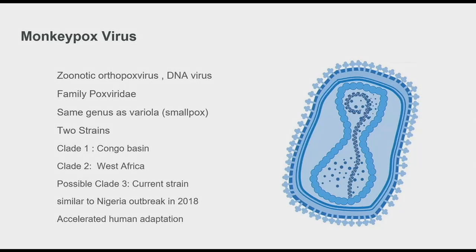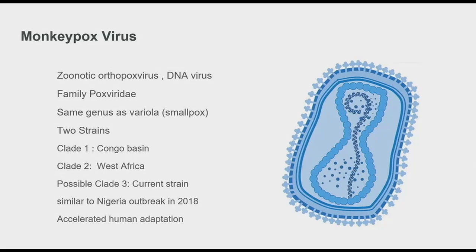Let's talk about some virology of this virus. It is a DNA virus, so it is not like SARS-CoV-2, the causative agent of COVID. RNA viruses have a very rapid mutation rate, but DNA viruses are much more stable.